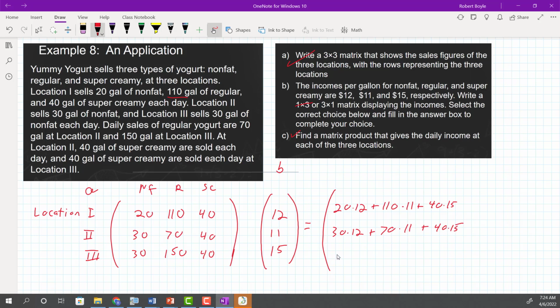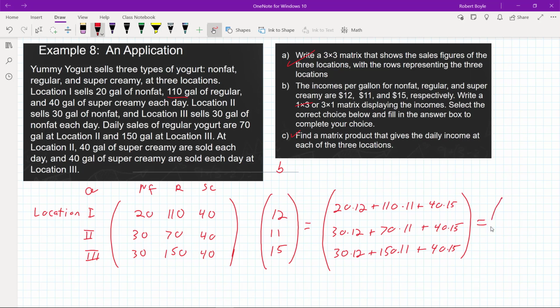And then finally for location 3, it is going to be 30 times 12 plus 150 times 11 plus, once again, 40 times 15. And that will give us 2050, 1730, and 2610.